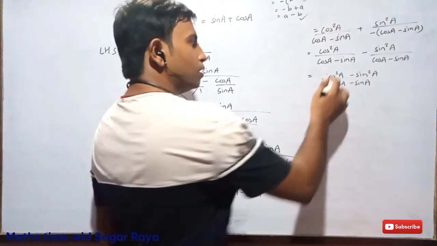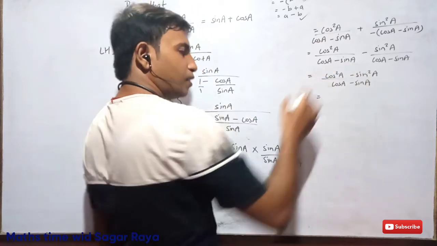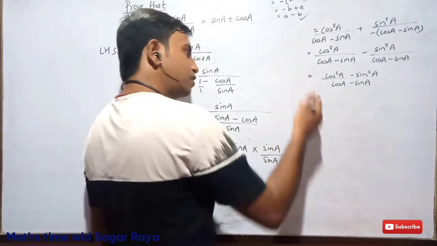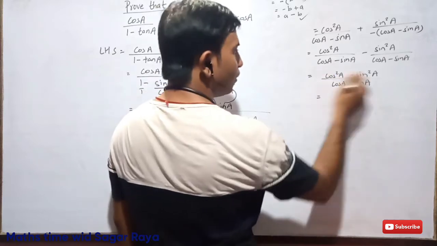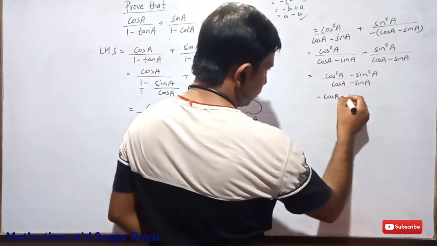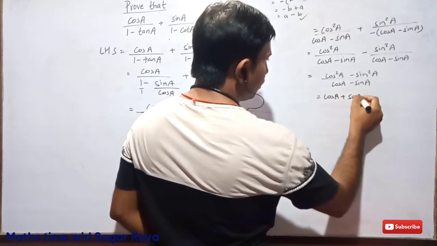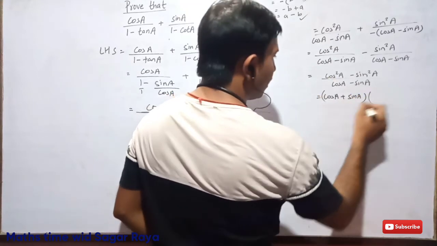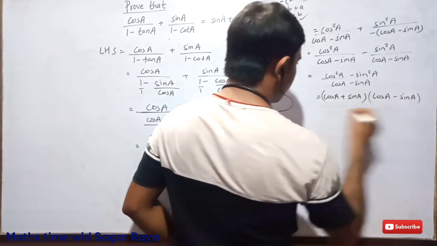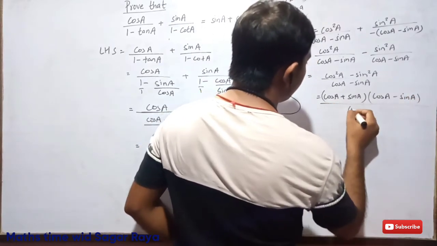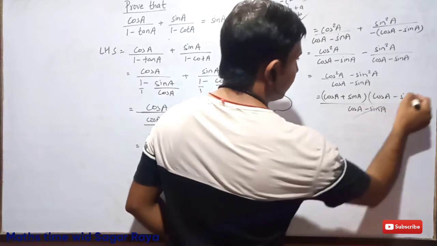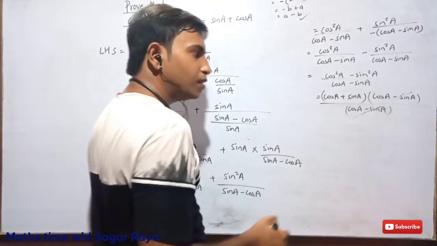Now cos square A minus sin square A is in the form of A square minus B square, so let's use the formula of A square minus B square, which is A plus B, here cos A plus sin A, and A minus B, cos A minus sin A, divided by cos A minus sin A. So cos A minus sin A and cos A minus sin A cancel.